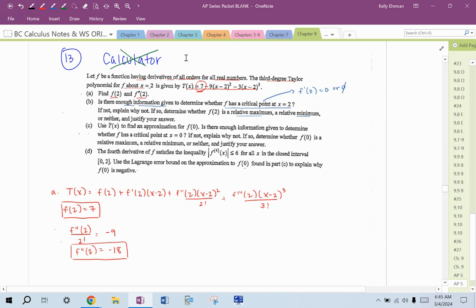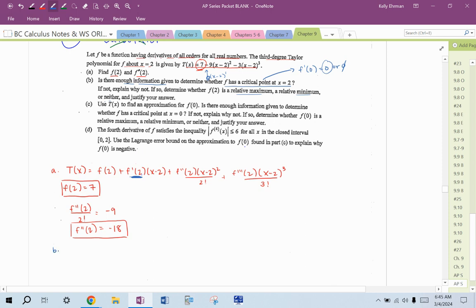All right, so I am looking through what I have expanded out for T of x. This will help me here too. Notice there is no x minus 2 to the first term. That's because the first derivative must be 0. And it does say that f has derivatives of all orders, so I know that it's 0 rather than undefined.